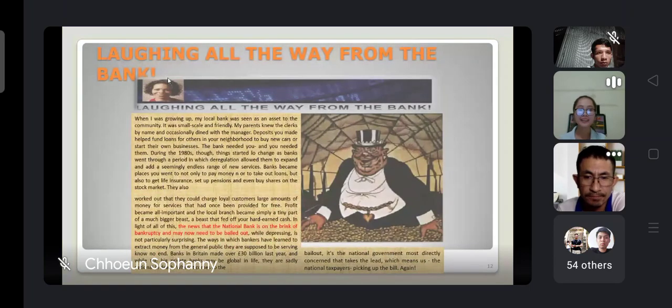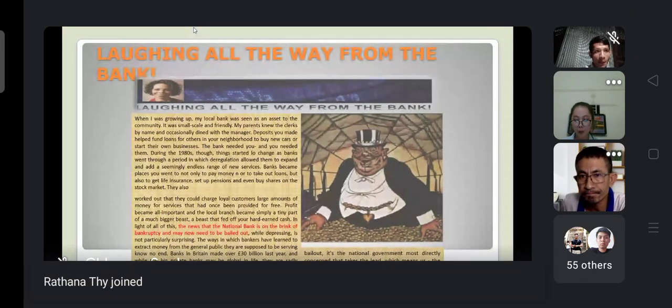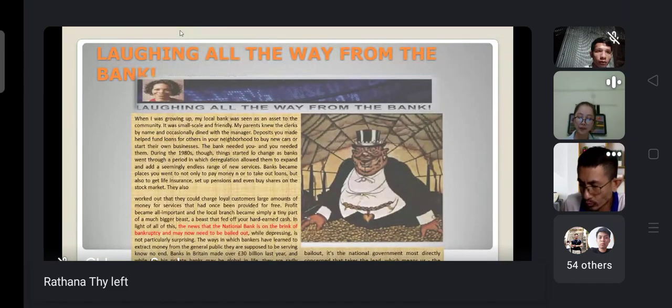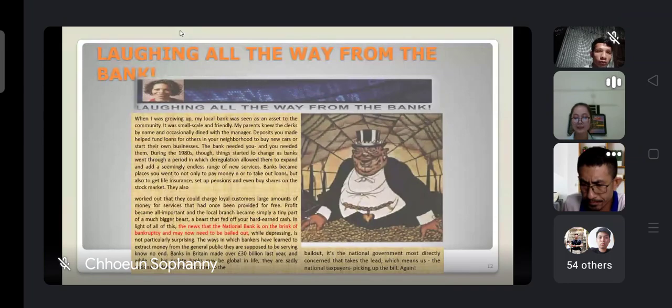We start with the reading. I will summarize it to be short. Based on my reading, the banks have provided loans to the neighborhood to buy a new car or start their own business. After that, the banks also changed much of their process due to the regulation, which allowed them to expand, and offered new services during the 1980s.